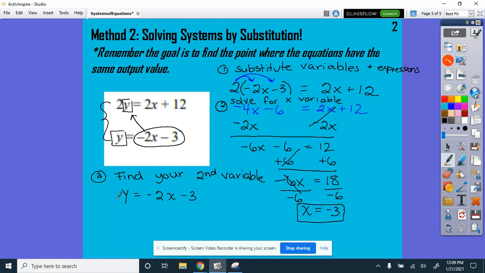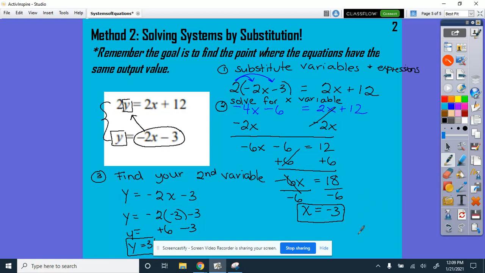Yes. If we're looking for y, we don't want to plug anything into y, so we're going to figure out what that is. So negative 2 times negative 3 minus 3. Negative 2 times negative 3, positive 6, and then minus 3. So y equals 6 minus 3, and that gives us 3.